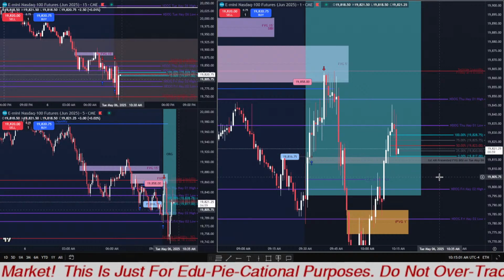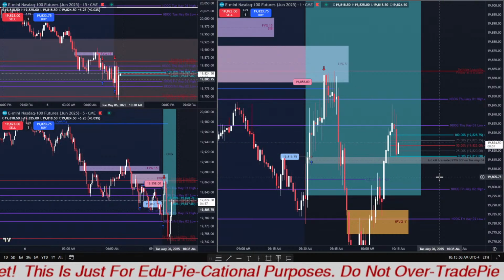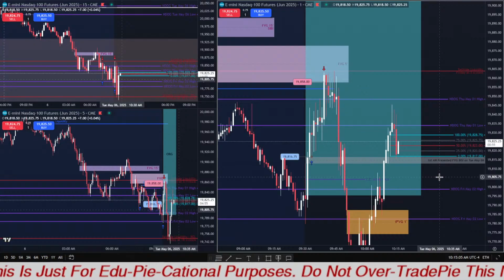Once again, we touch the first presented fair value gap.